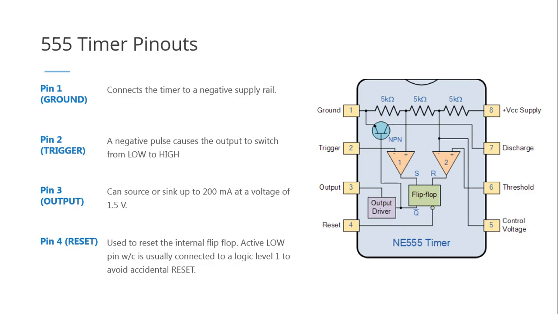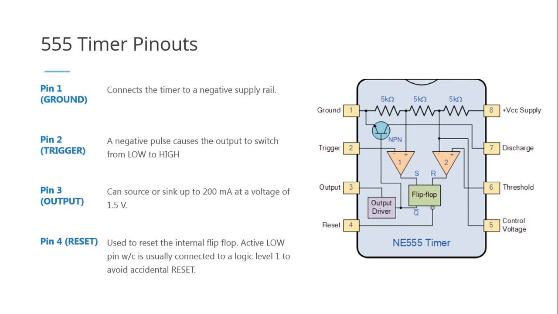The output is gathered from pin 3. Okay? So if we're going to create an astable, one-shot or a bistable multivibrator circuit, then we get its output from pin number 3.